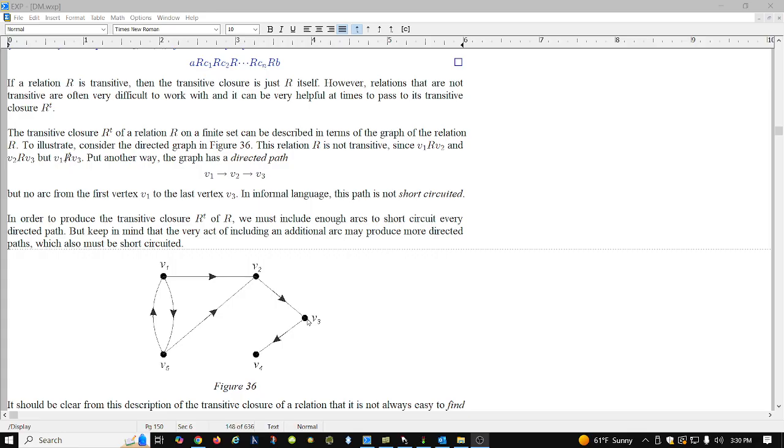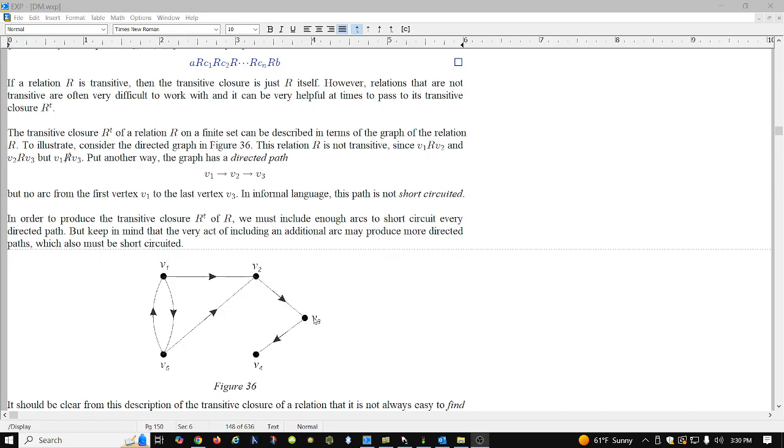A short circuit is a circuit that, well, it does in a way fit, I guess. It's where wires are touching when they're not supposed to be, and current is flowing where it's not supposed to flow. So you could think of this as a short circuit. If you think of this direction of arrow as actually flow of current, then another arc from V1 to V3 would short circuit this path.